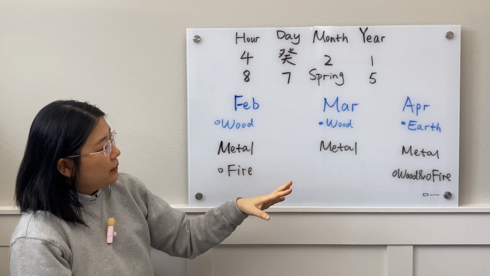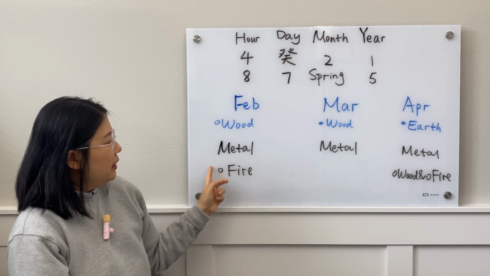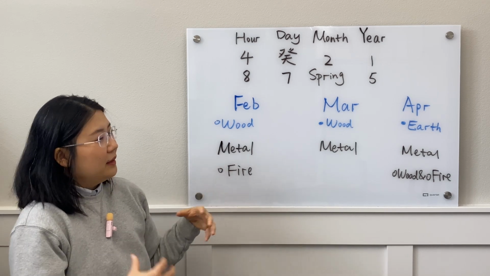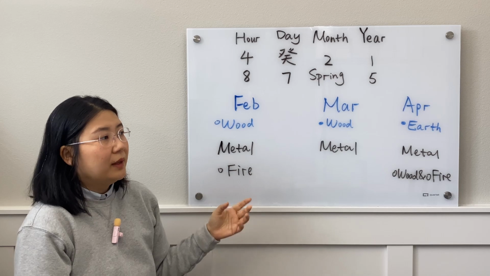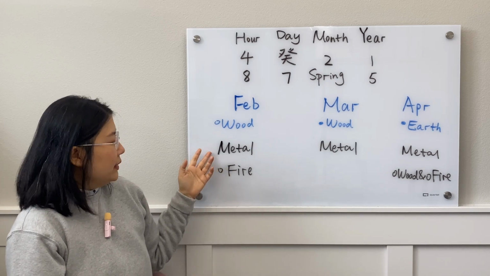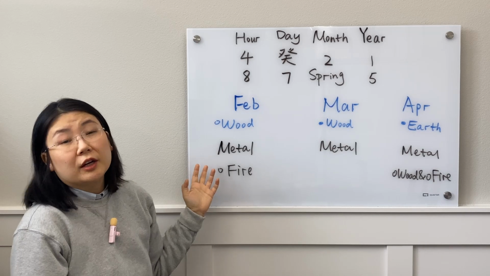And before I move on to April, another call out for this type of combination: on the surface they're enemies because fire suppresses metal. So if you want to see both, the placement of them in your chart is very critical.